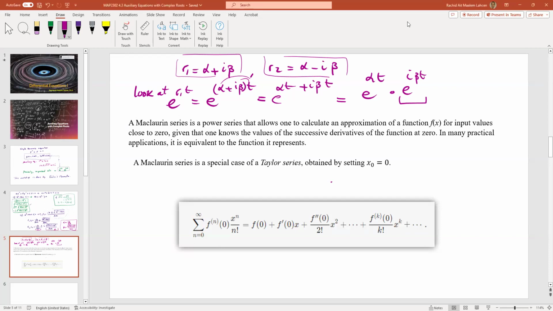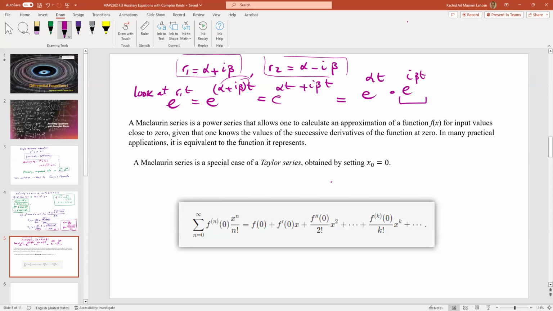Okay, if you remember its formula, the compact one here on the left is the sum as n equals 0 to infinity of the nth derivative at 0 times x to the n over n factorial, then you can expand it.